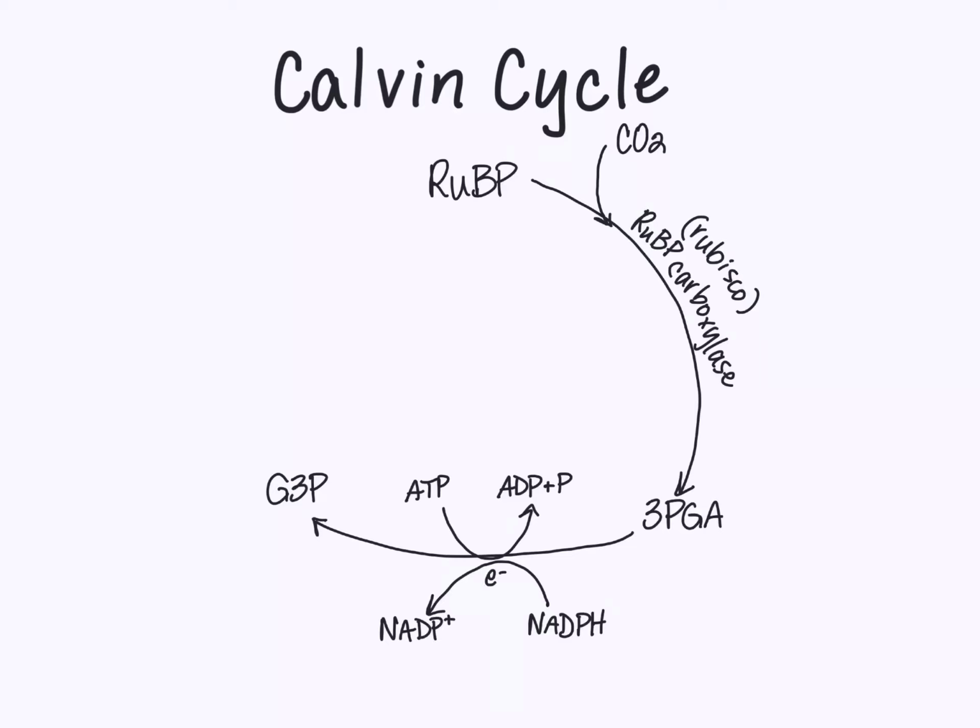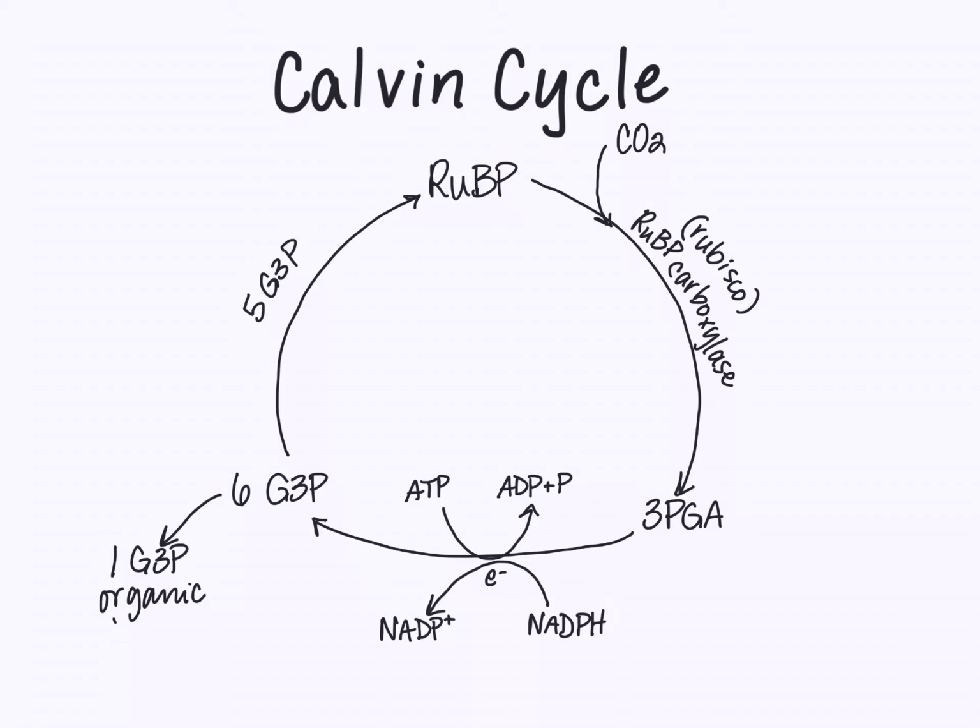With 3 turns of the cycle, we end up making 6 molecules of G3P. Of those 6 molecules, 5 molecules of G3P go into remaking the original molecule of RuBP so that the cycle can happen again and again. The remaining 1 molecule of G3P is then able to be converted into organic compounds, which includes sugars.